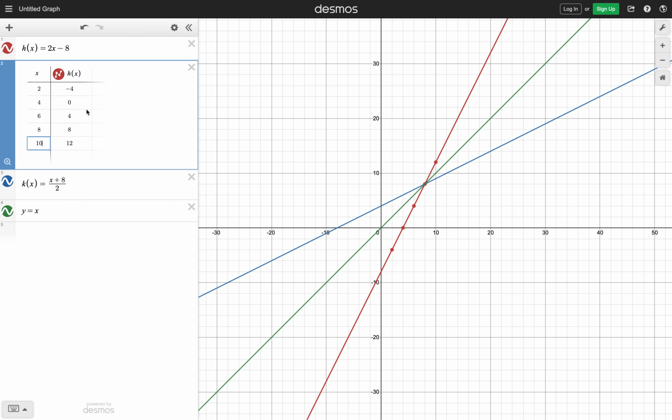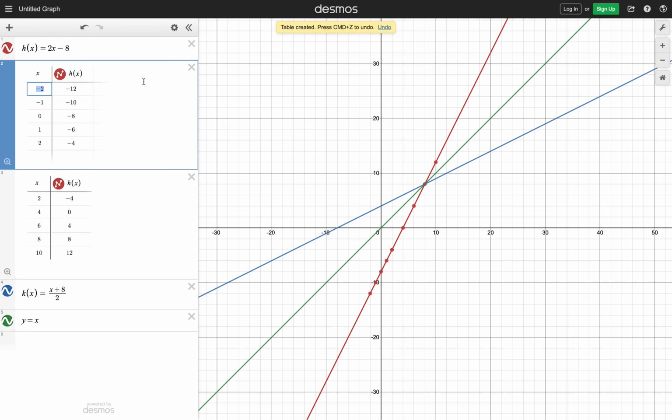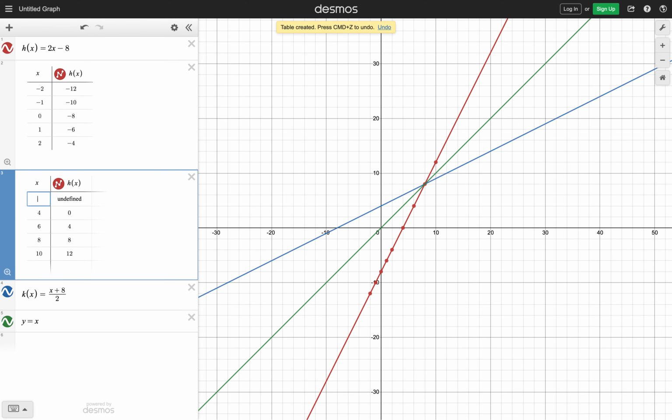Say for the function h of x is equal to 2x minus 8, among the ordered pairs you have 2, negative 4; 4, 0; 6, 4; 8, 8; and 10, 12. And if we swap, we're going to have the ordered pairs consisting of the inverse.